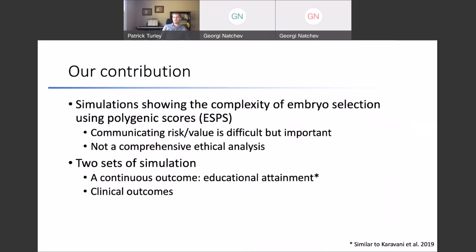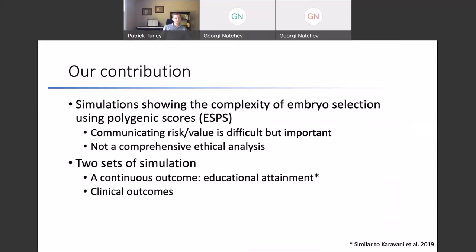We did two sets of simulations. One is on a continuous outcome, specifically educational attainment. What might you expect the gains in education to be if you selected embryos purely on choosing the one that was most likely to go farthest in school based on the polygenic score for educational attainment?